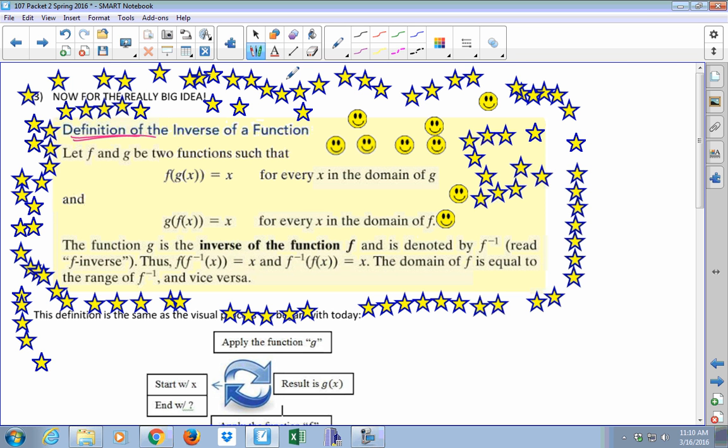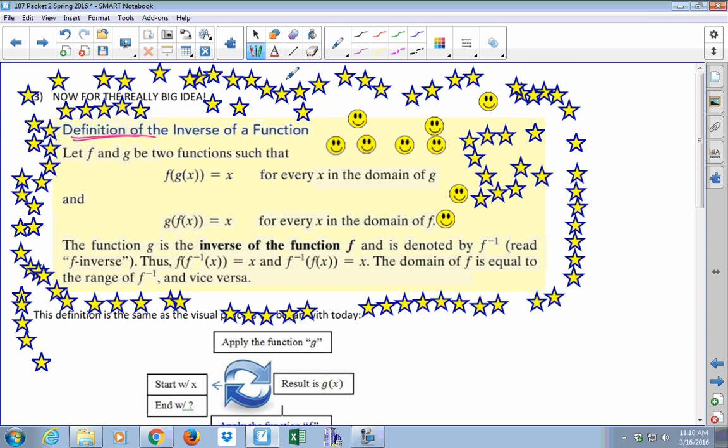And I put "in general" in front of that. This is the only exception to that. When you have functions that are inverses of each other, when you reverse the order of the composition, you still come back to where you started. And it only works when you have inverse functions, only.